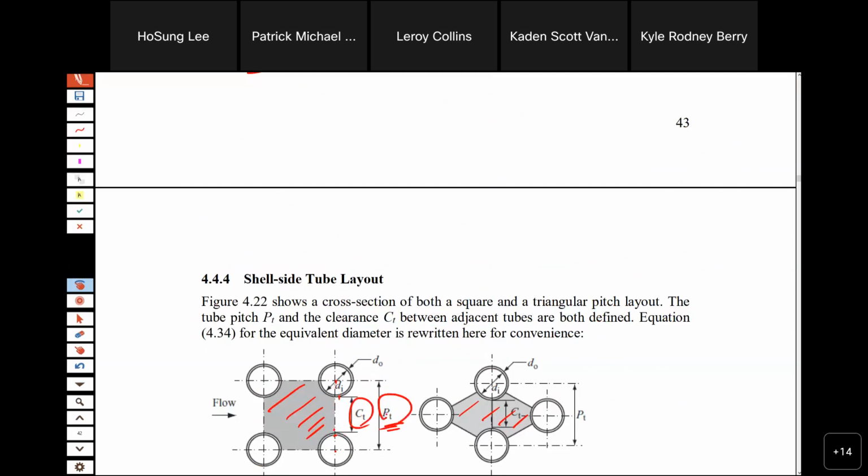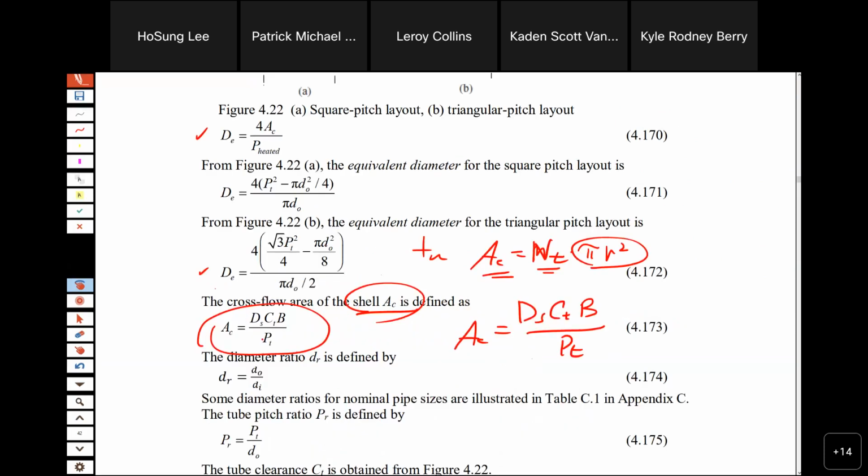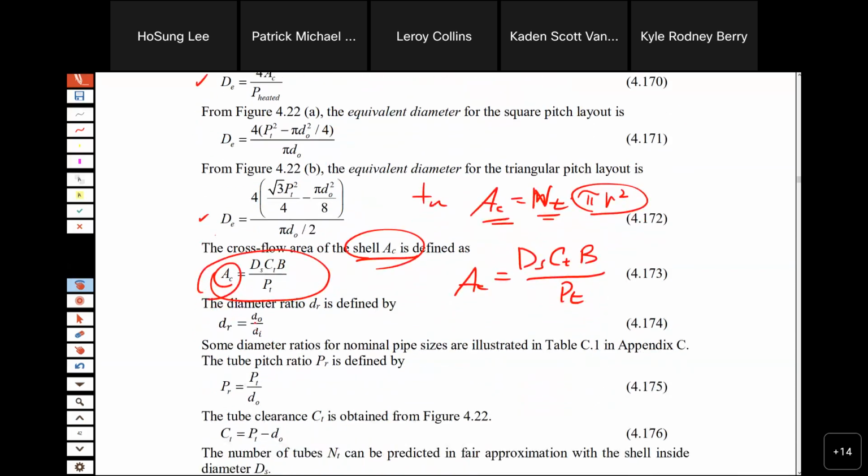Once you have that CT and PT, then you can compute the cross flow area. And the diameter ratio, sometimes they use it, DO over DI. Outside, inside.